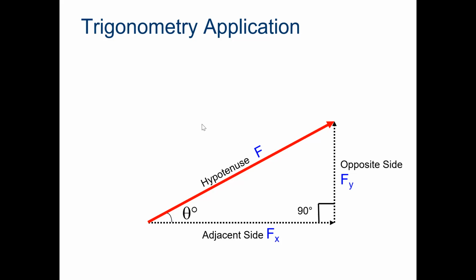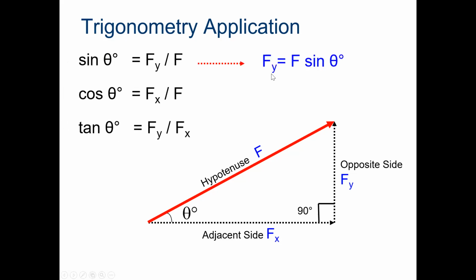All right, on this slide, if you wanted to find the value for the opposite side, we would use sine theta equals your component Fy over your hypotenuse, which is F. Okay, and if we do some simple algebra and multiply both sides by F, you would solve for Fy, which is your force times sine theta.